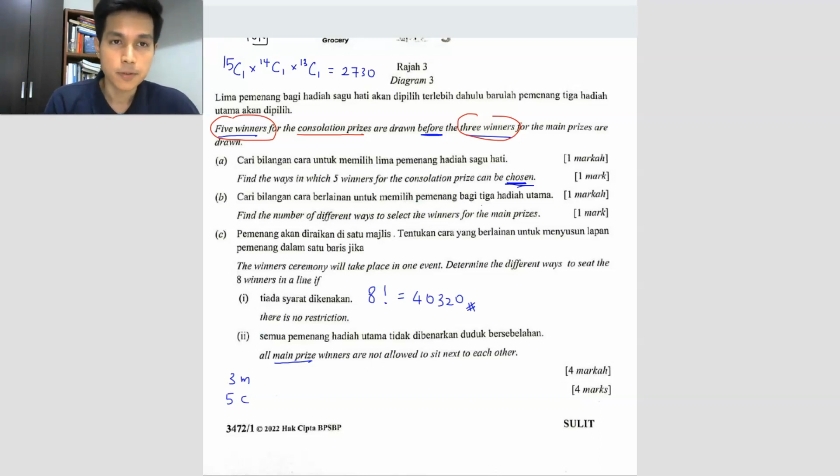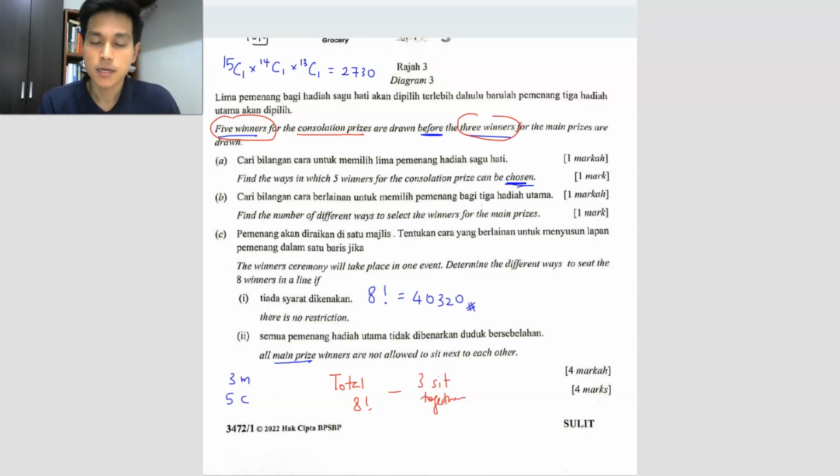Most people would find the total. That means they take the total, so in this case, total is 8 factorial. 8 factorial minus, see, they don't want you to find people who, you don't want them to sit together, right? So you take the total minus the 3 persons sit together.